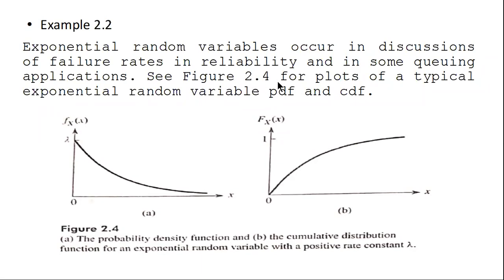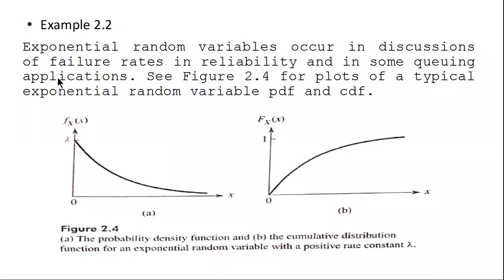We have this figure 2.4. This is the exponential random variable's PDF, and F_X(x) is this one, which is again monotonically increasing. Generally, whenever we talk about the manufacturing industry, the mean rate of failure comes in reliability, and also in computer networks or queuing applications.